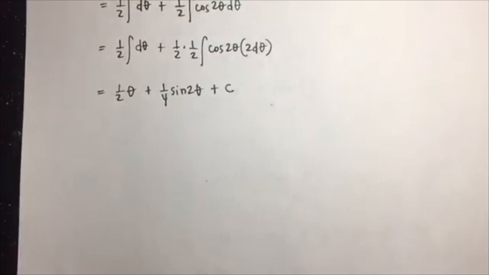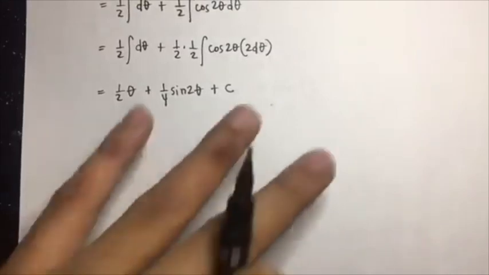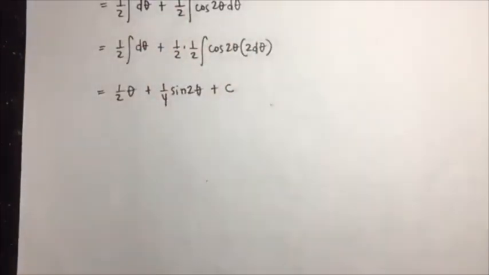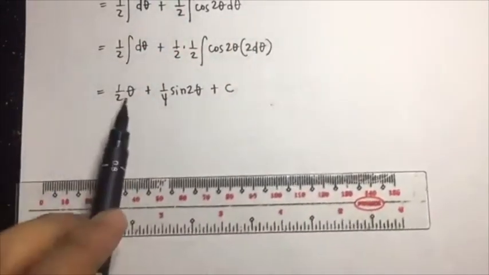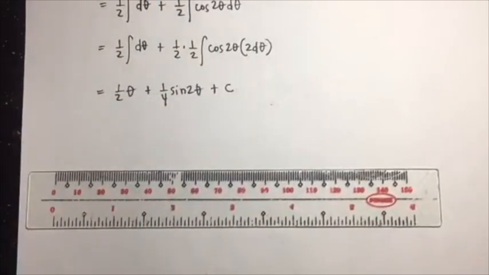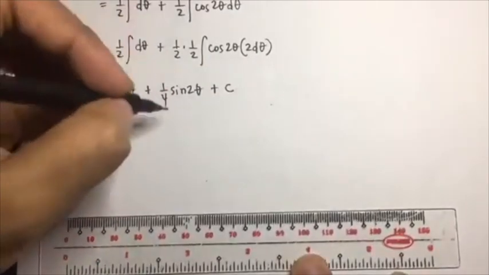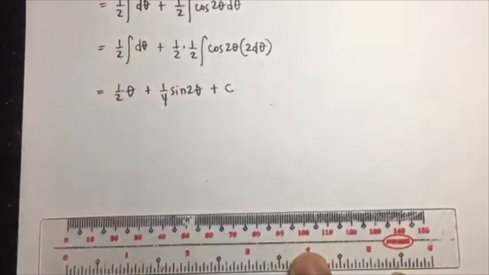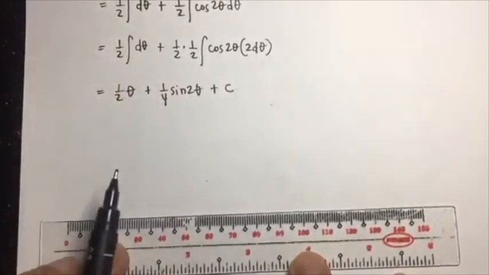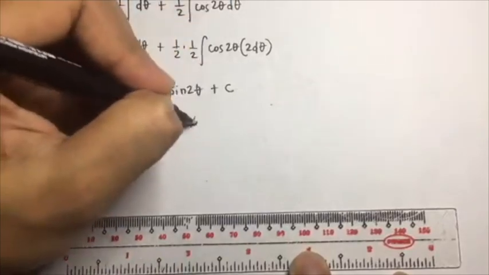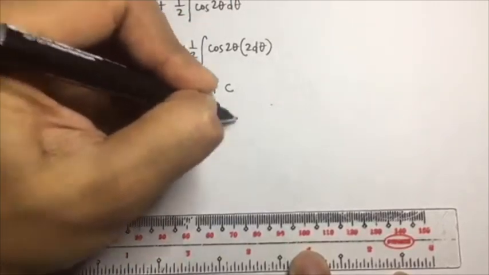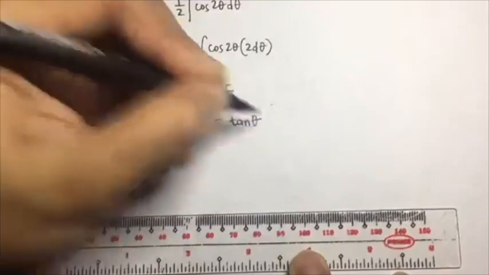Just like the previous example, we will revert the integral back into the original variable. From theta, we will return it to x. Remember that earlier we let x plus 1 as our tangent of theta.